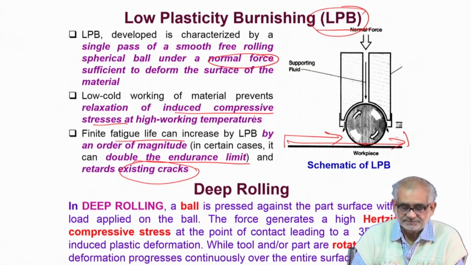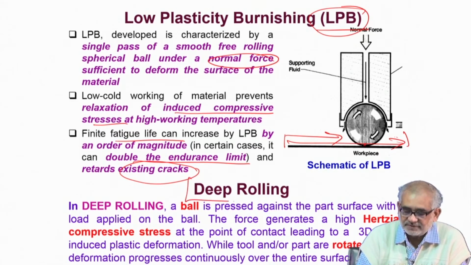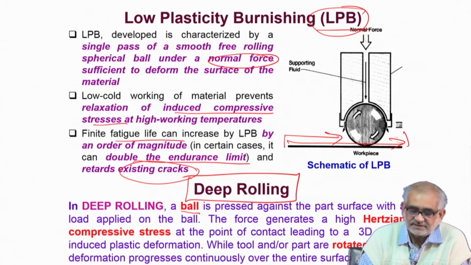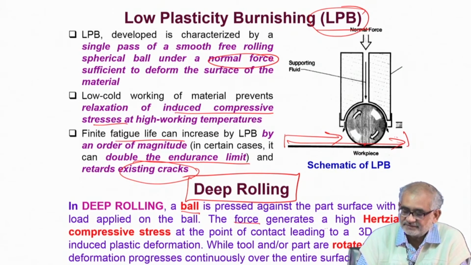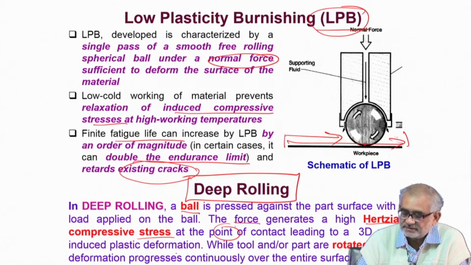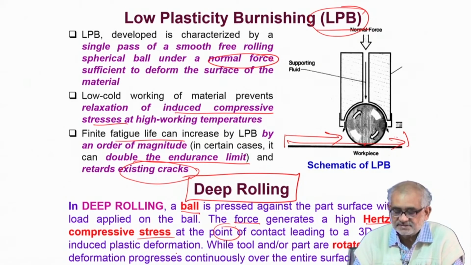other processes. The last thing that I want to mention is called deep rolling, and this is where you press the ball against the surface that you want to treat, generating a fairly high force, and a very high Hertzian compressive state of stress is created at the point of contact where the ball contacts the surface.